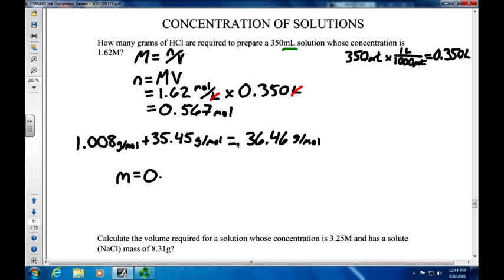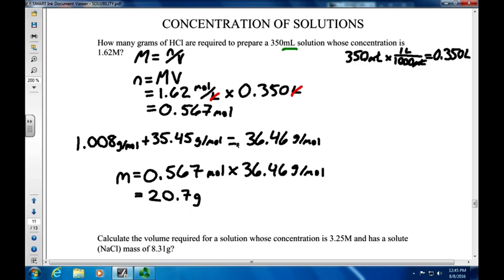So 0.567 moles times 36.46 grams per mole, which equals 20.7 grams. 3 significant figures because our moles had 3 significant figures.